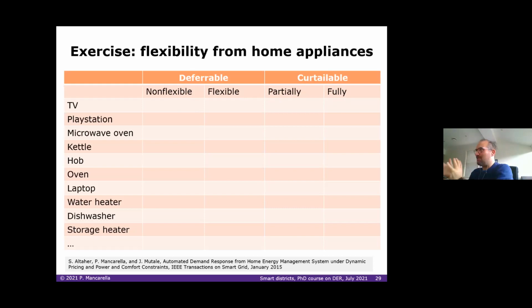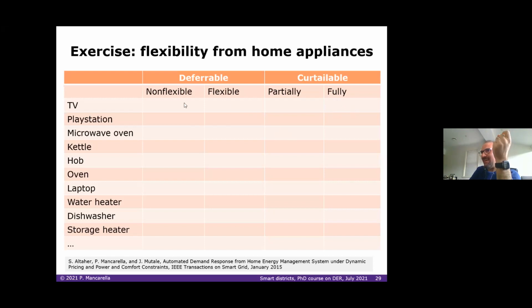But of course, you cannot switch on a TV and then switch off half a TV. It is really on-off, right? So TV is fully curtailable and non-flexible. Yes, if you accept to be switched off, it's fine.